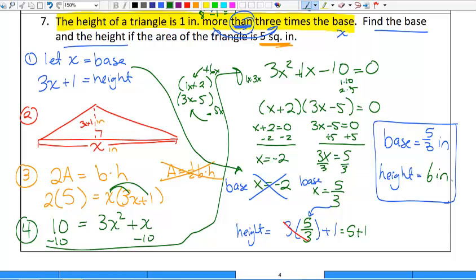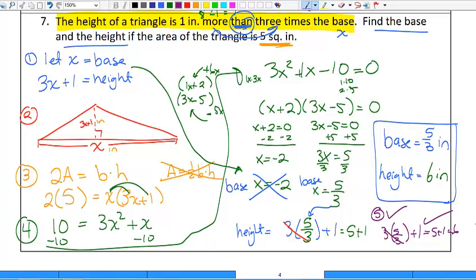Okay, let's go back and check. That was step 5. Is the height 1 inch more than 3 times base? If I take the base, which is 5/3, times it by 3 plus 1, that gets me 5 plus 1, or 6. Okay, so the first sentence makes sense.